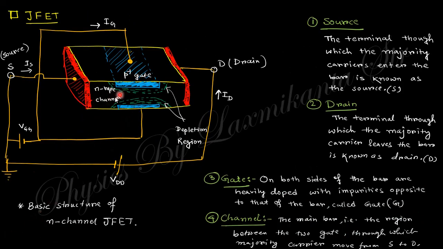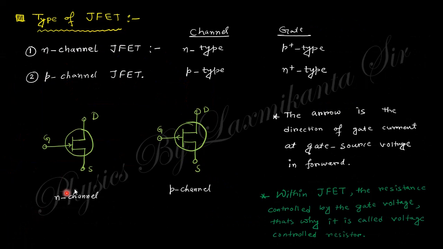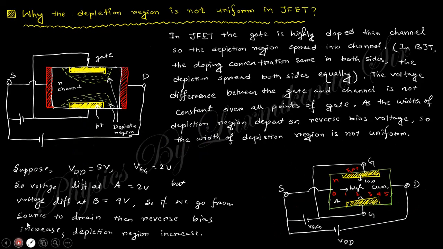In this path there is electron flow, or current flow, and the current flow of this region is actually controlled by this resistance, and this resistance is actually controlled by this voltage. That's why this is called a voltage-controlled resistor. That means its resistance can be controlled by the external voltage. Clear?